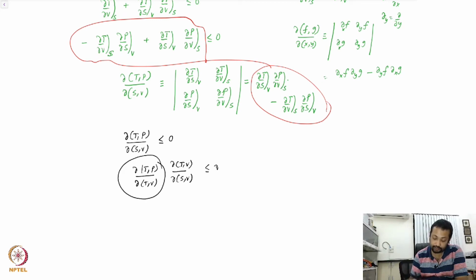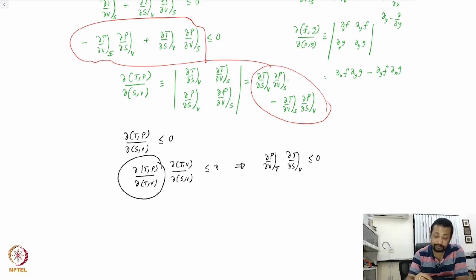This, from the definition of Jacobian, implies that the first part of it is del P del V at constant temperature, and the second part of it is del T del S at constant volume, and the product must be less than or equal to 0.